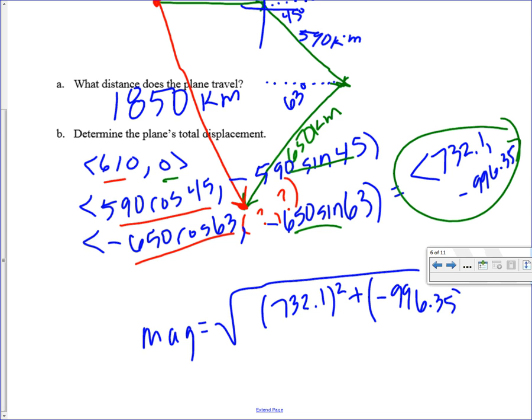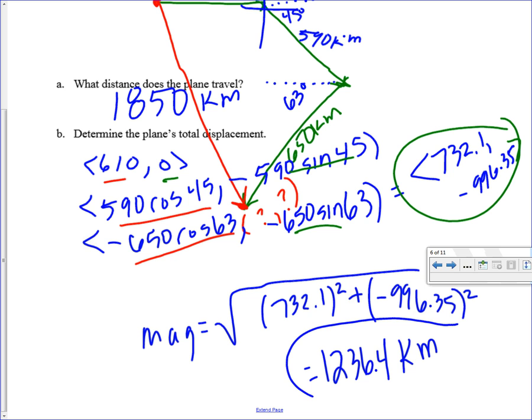So I'm just putting this into my calculator. Just a moment here. Now I'm finding 1236.4. And the unit is kilometers. Okay, it does not ask for direction, it only asks for displacement. So we are done.